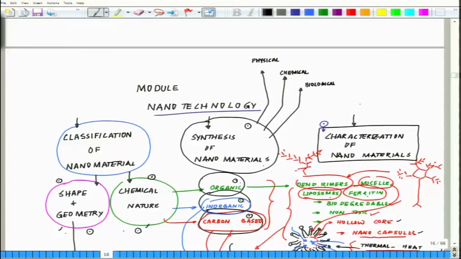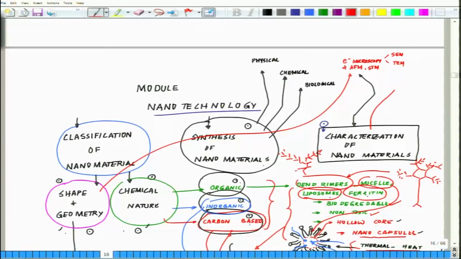Followed by that, we talked about the characterization of nanomaterials, figuring out shape and geometry using different forms of electron microscopy and AFM and STM, which includes SEM and TEM.